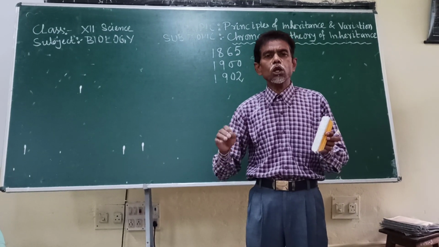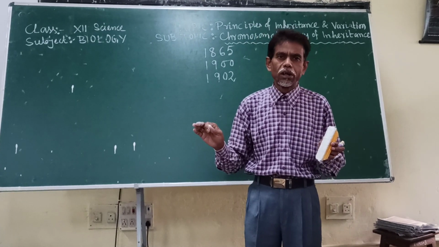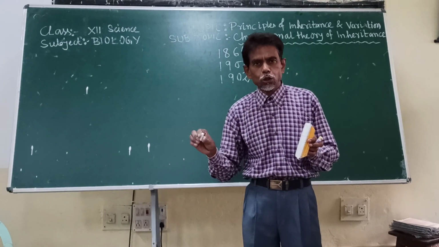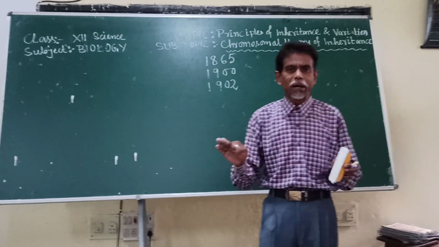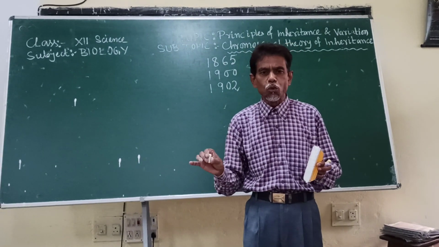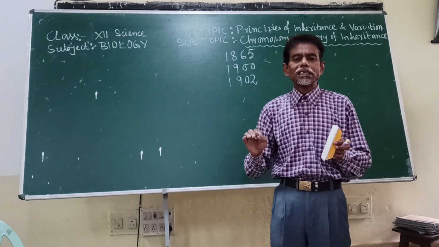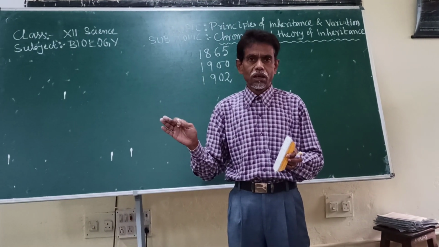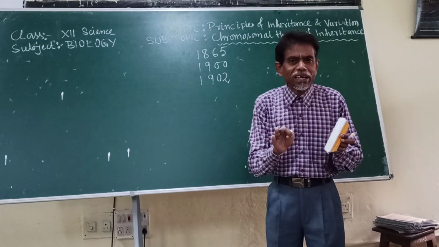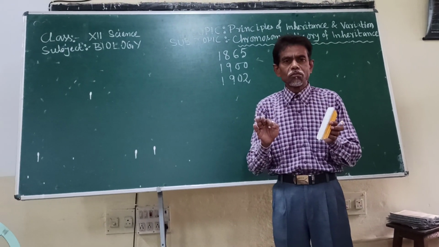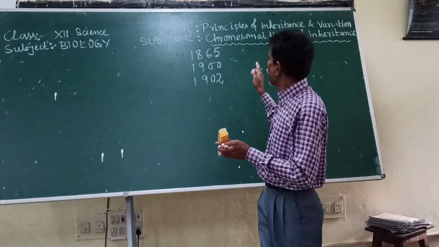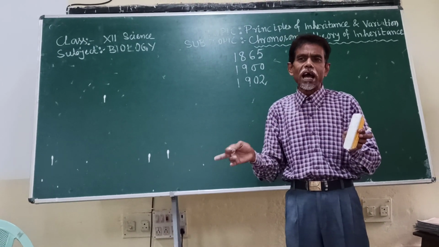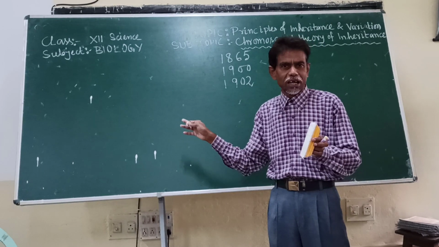During that time, the nucleus was not clearly discovered and the chromosome was not known. Mendel used the term factor, which is responsible for transmission of a character and is a discrete one, but he couldn't give sufficient proof of how the variation comes. So if we compare Mendel's theory of inheritance and Sutton and Boveri's chromosomal theory of inheritance, both theories will be clearly understood, and one is just a supplement of the other.